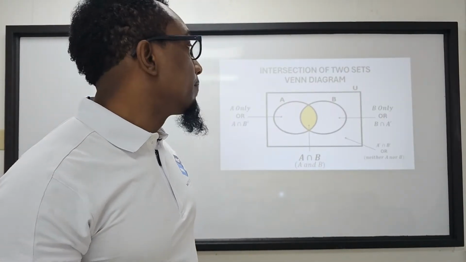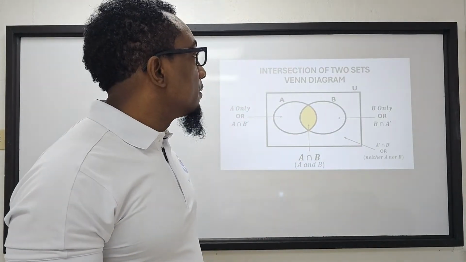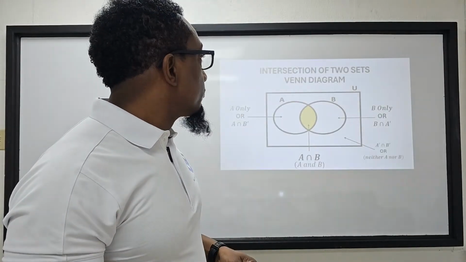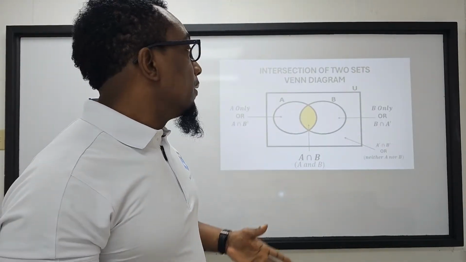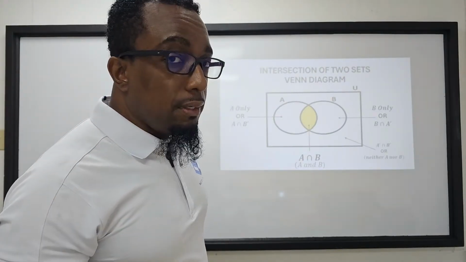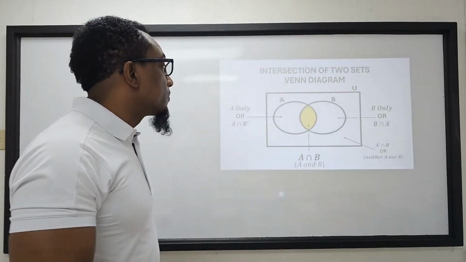And of course, this region will be all elements that do not belong to the intersection, nor A only, nor B only. Those that fall in that region outside of your circles will be A complement intersect B complement.